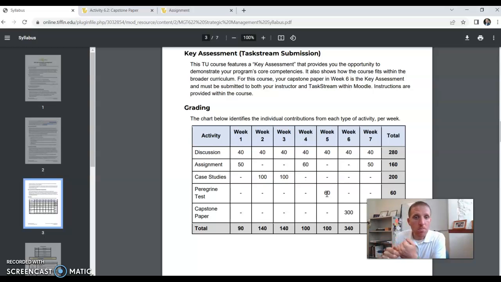You're required to complete the Peregrine test next week. It's worth 60 points. However, you'll also notice that we have our capstone paper that we're working on here in week 4, also due at the end of week 6.